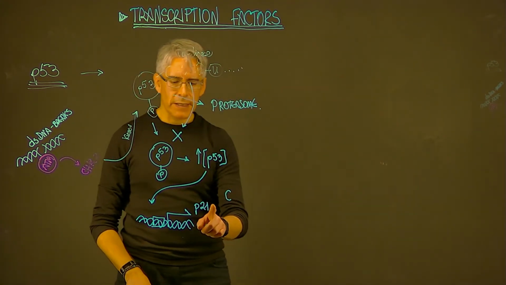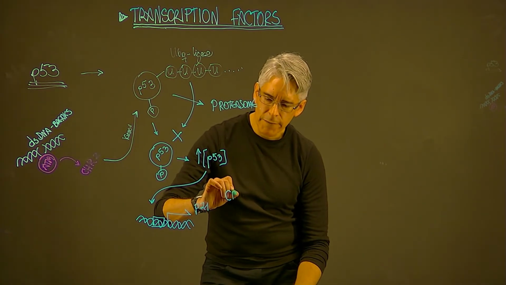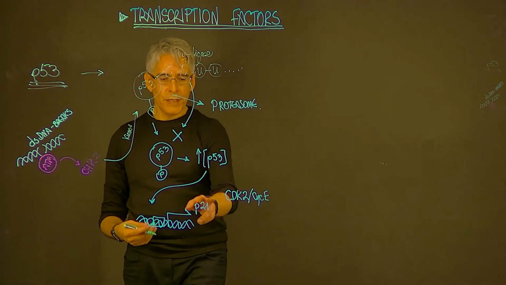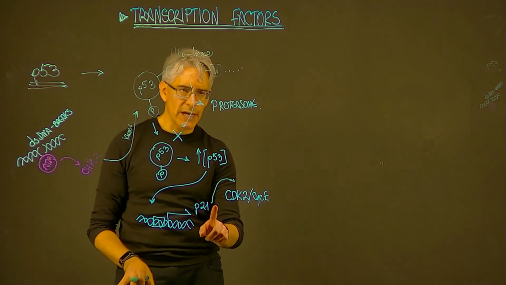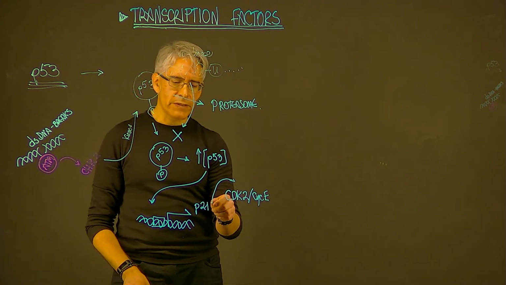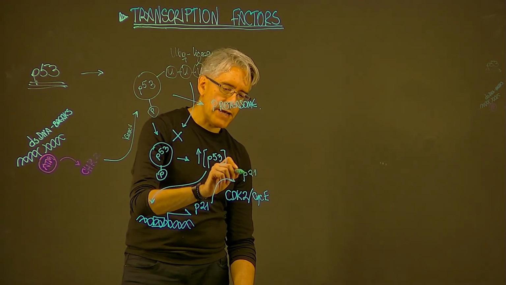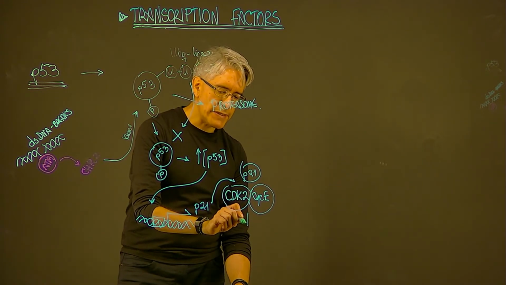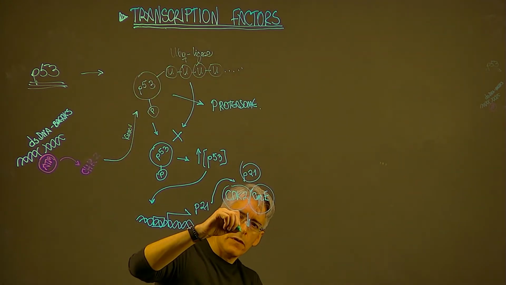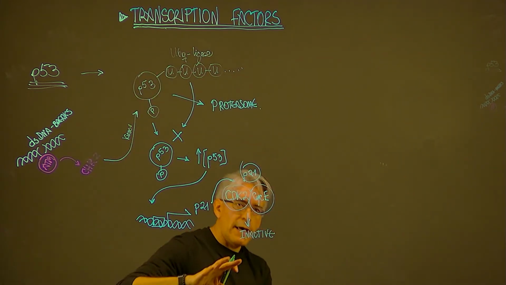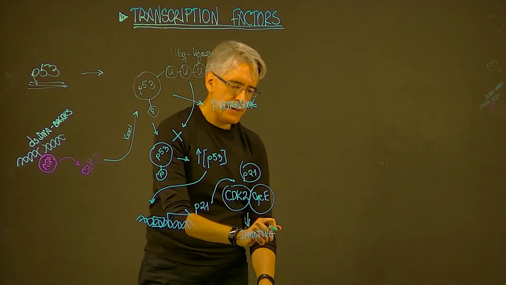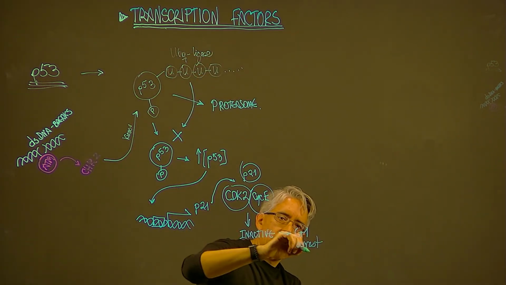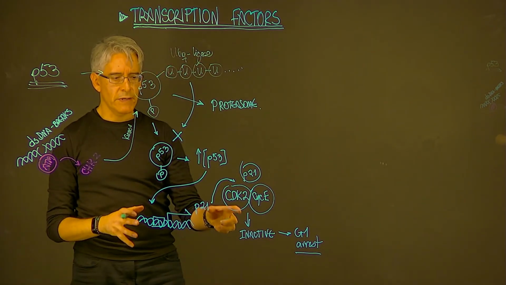And p21 is a protein that will help prevent the activation of CDK2 and cyclin E. So p21 is transcribed, the protein is translated, and once the protein is made, p21 interacts with CDK2 and cyclin E, and this interaction prevents the activation of CDK2 cyclin E. It remains inactive, and in the inactive form, this prevents progression into S phase, therefore producing arrest in G1. So the cell ends up being arrested in G1.